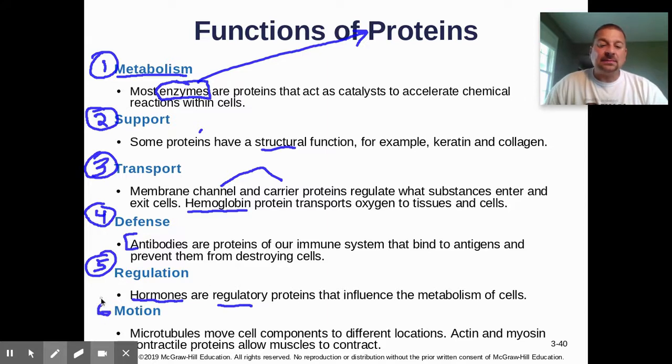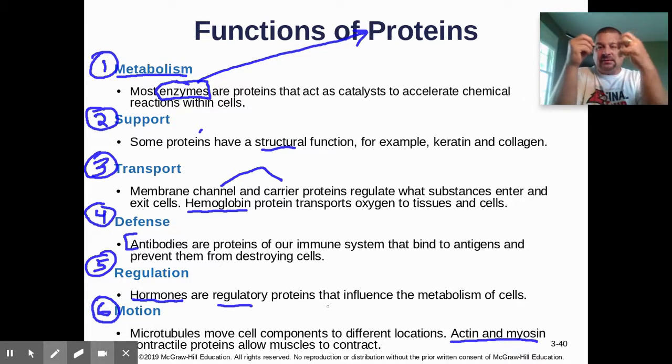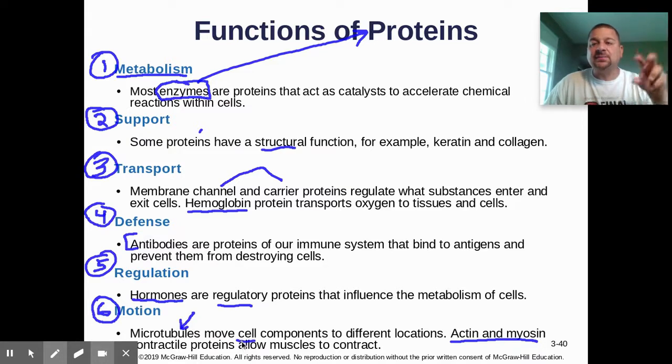And number 6, motion. We learned about this in Bio 2, the actin and myosin, that have the little bridges that help the sliding filament model slide those things past each other. So they can be used in muscles to help the organism move. There are also little motor proteins within the cell that help move transport vesicles to the different organelles within the cell itself.